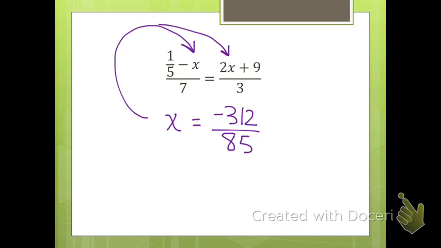Okay, so I could ask you, is this a linear equation? And the answer would be yes, because it's two linear expressions set equal to each other. Okay, so let's keep going. This next example you have in your notes, so we'll go to it there.